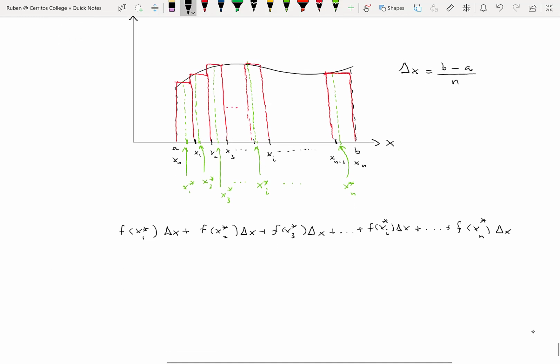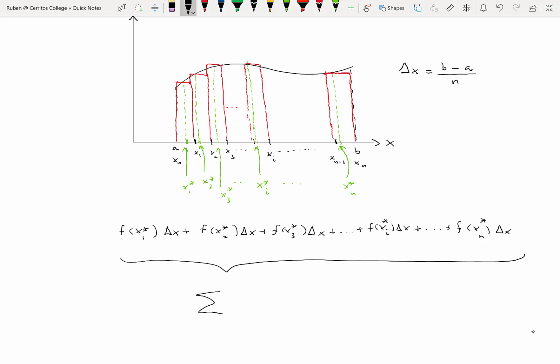And then we used sigma notation to collapse this sum to make it a little easier on the eyes. Capital Greek letter sigma for sum, so you could read this as the sum of f of x sub i star, the area of a typical rectangle, as i ranges from the first rectangle to the number n rectangle.